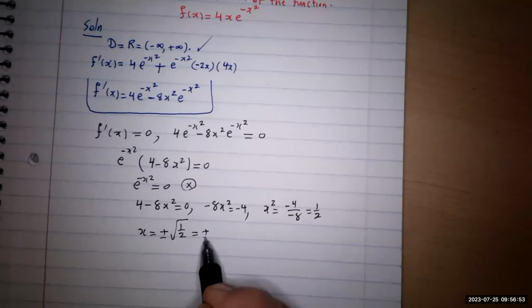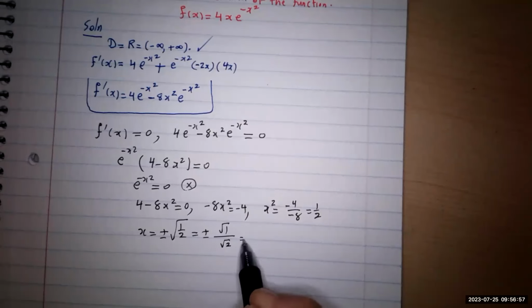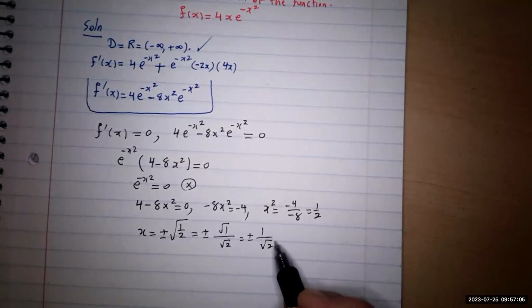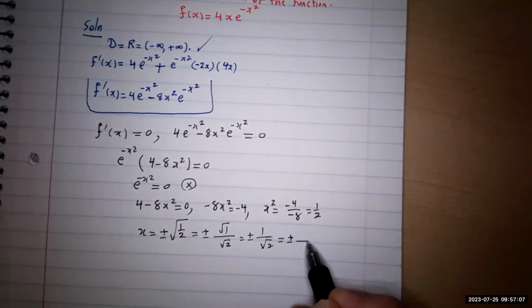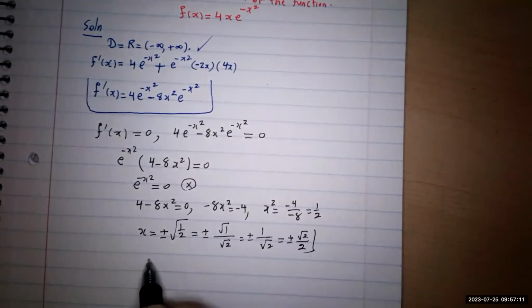It's plus or minus radical 1 over radical 2, and radical 1 is 1, so plus or minus 1 over radical 2. You can stay with this one or rationalize it. The safest thing is to use a calculator, but it's not a big deal. That gives you plus or minus radical 2 over 2.